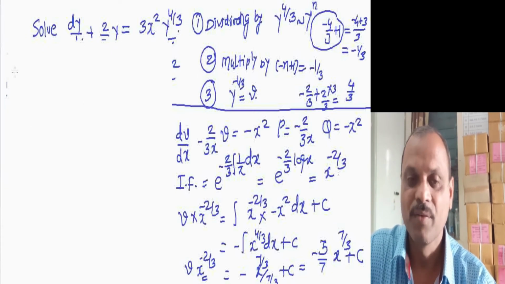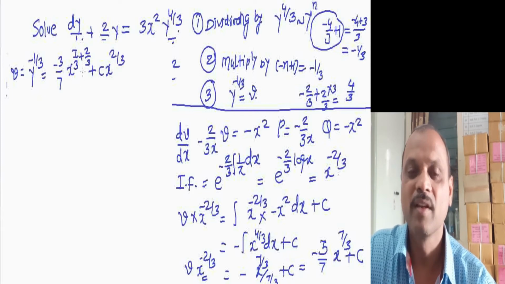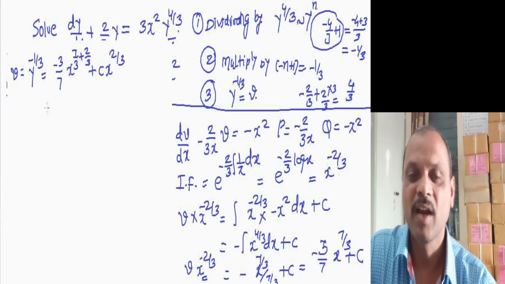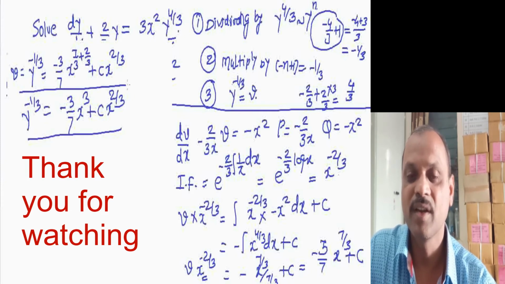Hence, we have v equal to y raised to minus 1 by 3 equal to, we are transferring this term, minus 3 divided by 7 into x raised to 7 by 3 plus 2 by 3 plus c into x raised to 2 by 3. Okay. So, this is 9 by 3, and 9 by 3 means x cube: minus 3 divided by 7 into x cube plus c into x raised to 2 by 3. This is my solution of the given differential equation.